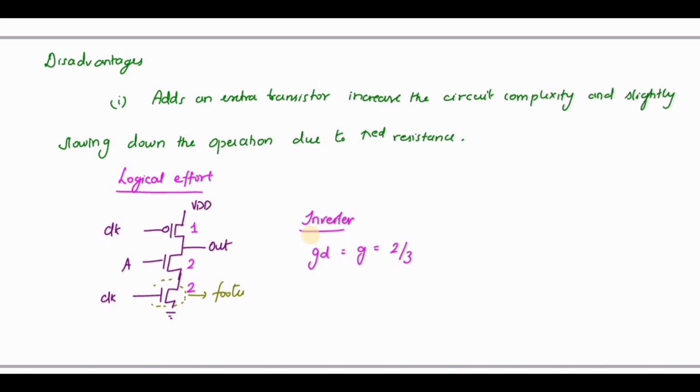Since I have two NMOS transistors, 1 plus 1 is 2. So the A value is 2 and the footer transistor value is also 2. In order to find the logical effort of the inverter, termed GD, I am going to calculate only for A. The A value is 2 and the total value is 3, so 2 divided by 3. This is the logical effort of a footed dynamic CMOS logic.